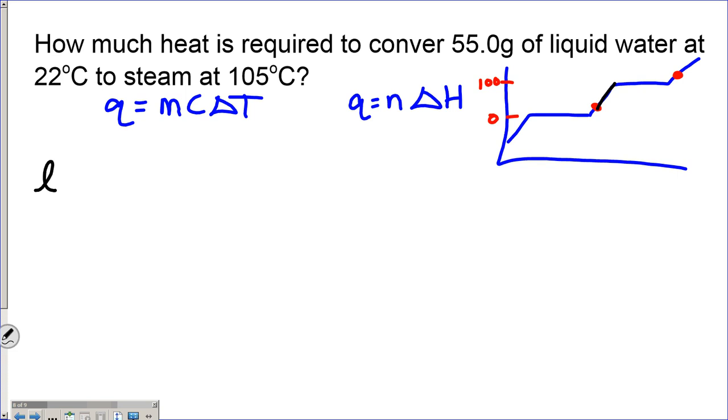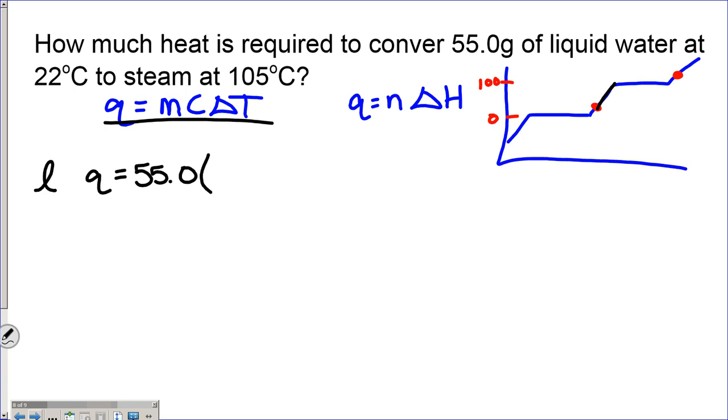So while it's a liquid, the temperature is changing. So remember we used that first equation, Q equals mC delta T. Our mass, it told us, was 55 grams.